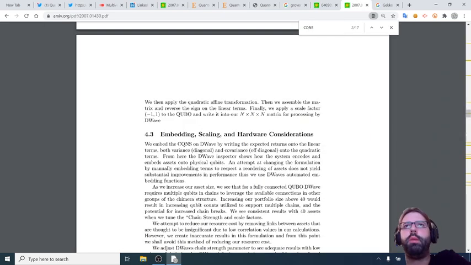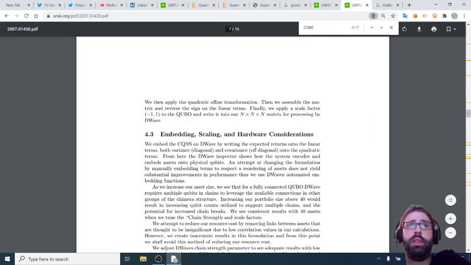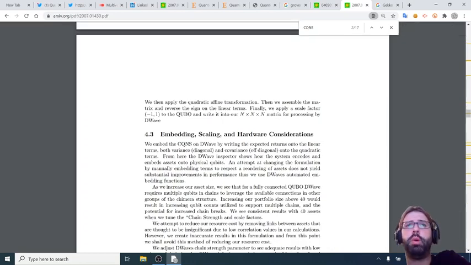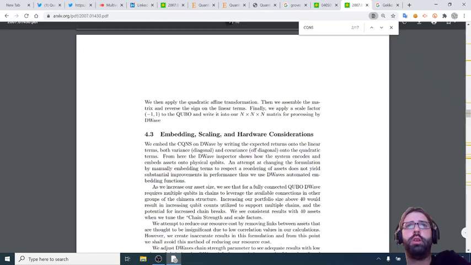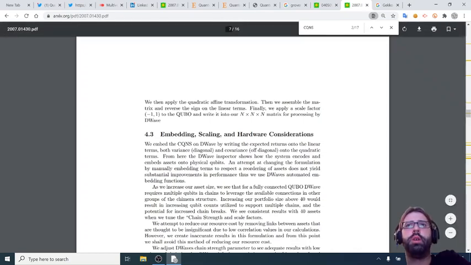What was the embedding part? We embed the QUBO in D-Wave by writing the expected returns into the linear terms, and both variance and covariance of diagonal into the quadratic terms. Yeah, that's it.